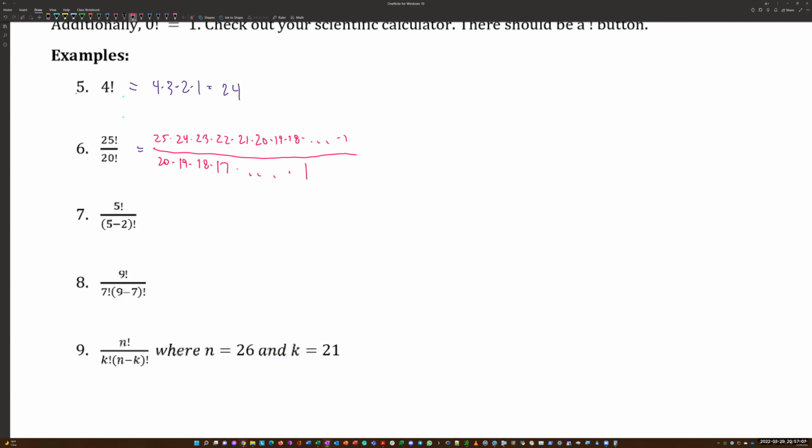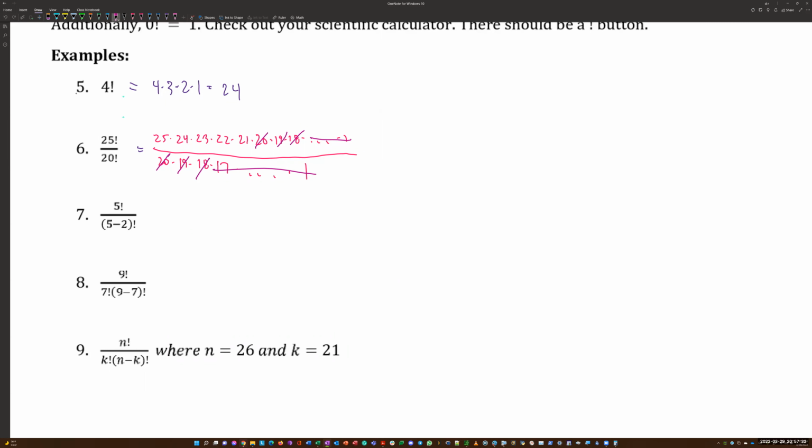What could you do here to figure this out? Simplify it. You can cancel. 20 cancels with 20, 19 cancels with 19, 18 cancels with 18, 17, 16, 15, all the way to 1, they all cancel also. Is that correct?